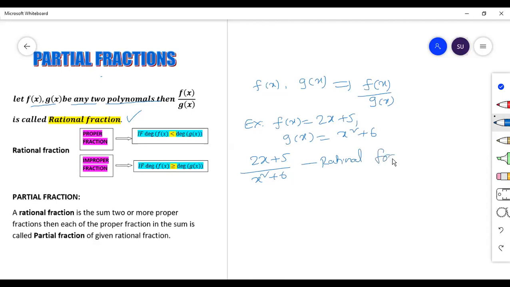Not only like this: if I write x cube plus 3x plus 6 divided by x plus 1 into x plus 2, this is also a rational fraction, because this is a polynomial and this is a polynomial. If you write it in divided form, that is called a rational fraction.